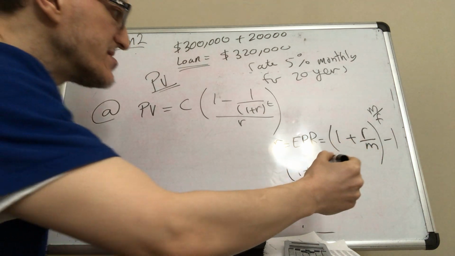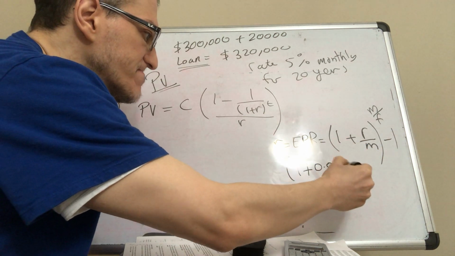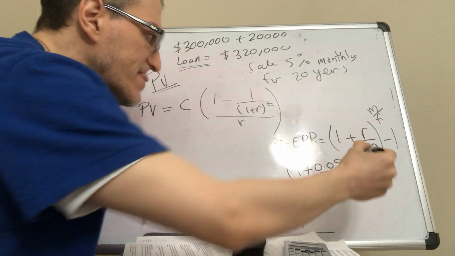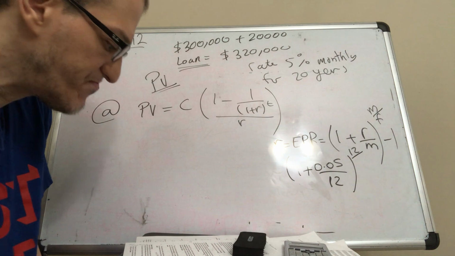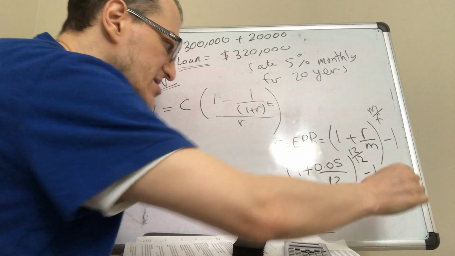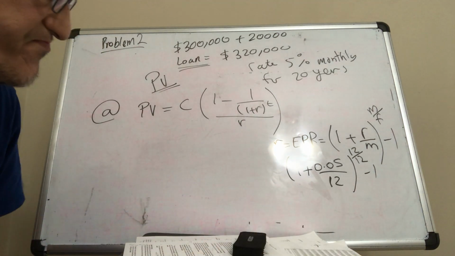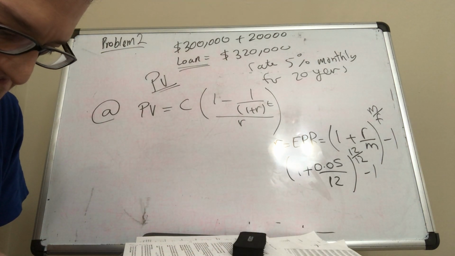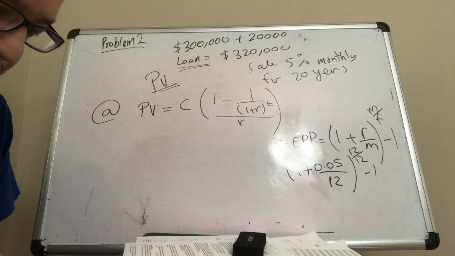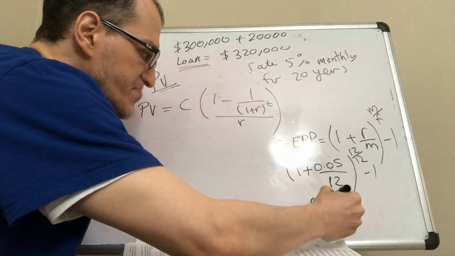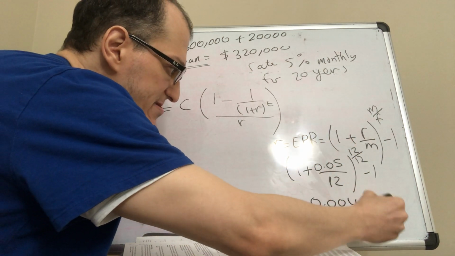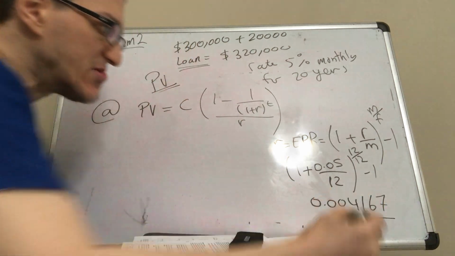Your R is 5% compounded monthly, so we divide by 12. The frequency of payment is monthly, so the exponent is 12 over 12, minus 1. This will give you 0.004167 for R.